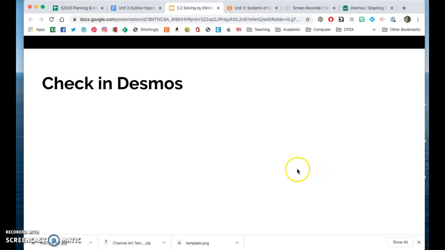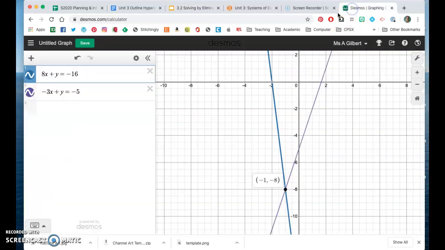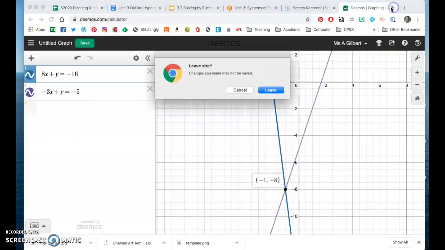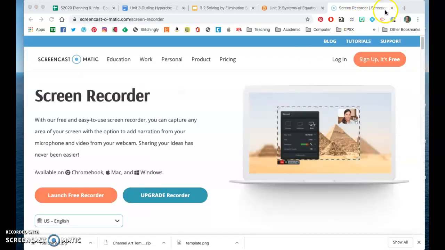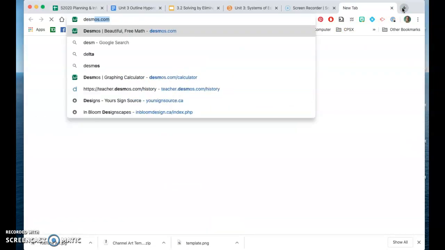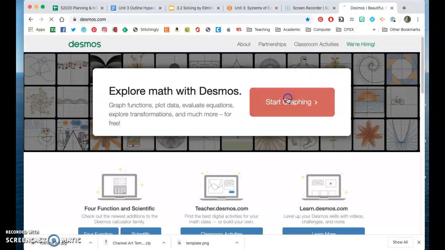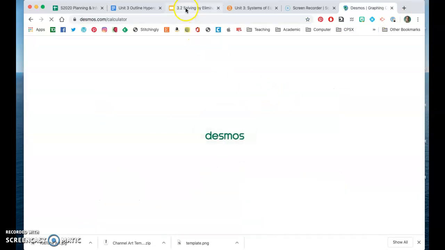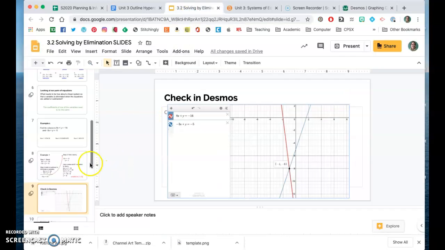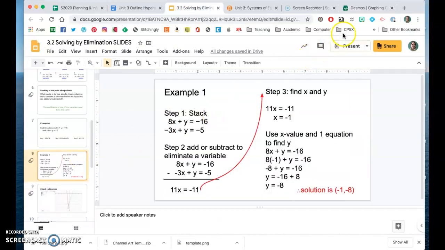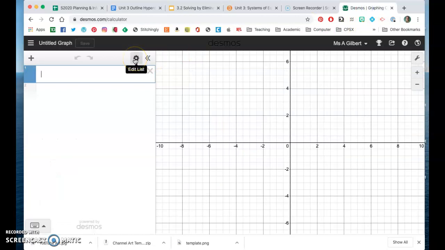And we can actually check this in Desmos, and I'm going to show you how to do that. If you go to desmos.com, actually I'll start from the beginning just so you can see it. If you go to desmos.com and then start graphing, you can type in your equation, 8x plus y equals negative 16.